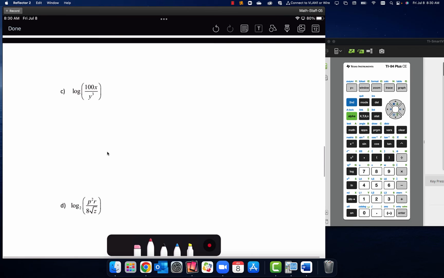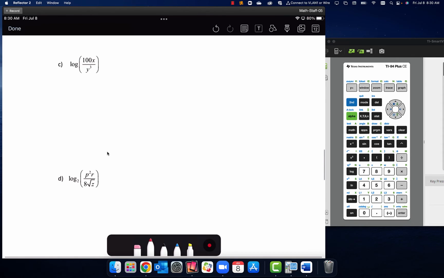In this one, we have multiple things going on. We've got a product, we've got a quotient, and we've got an exponent. So we'll combine all of the steps here. The first thing I'll do is take care of the quotient. Log of 100x minus log of y cubed. 100x divided by y cubed, that quotient becomes subtraction when we break it apart and expand it.